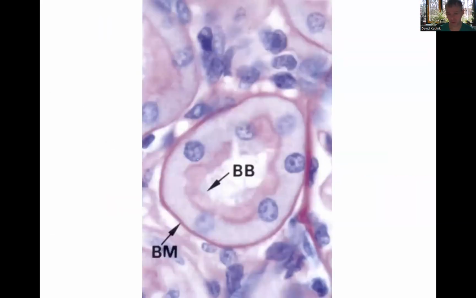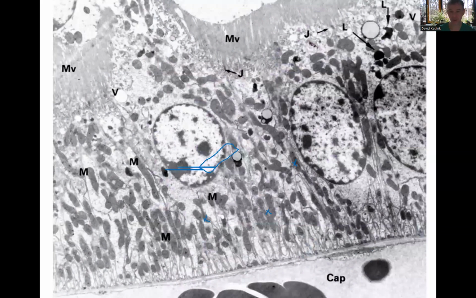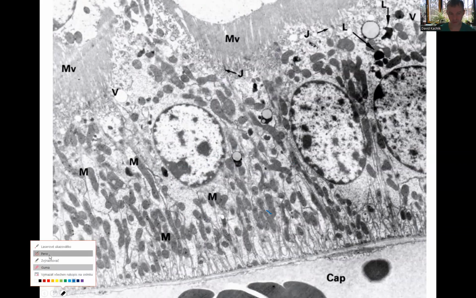So when we come closer, you can nicely see the brush border and just a few nuclei, 5 to 6. And when we come here to the scanning electron microscope figure, then you nicely see the nuclei, which are in the center.